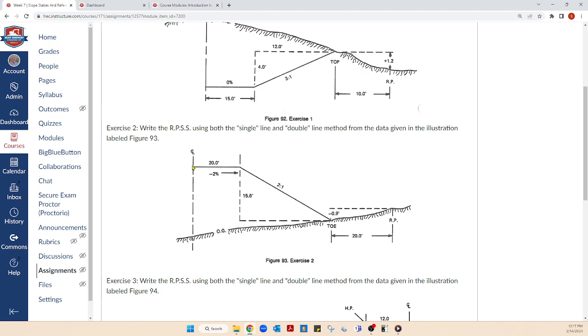But what would the distance be? I have to do this every time instead of writing it down. It would be that 31.2 plus 20 feet, 51.2. 51.2 to get right here.